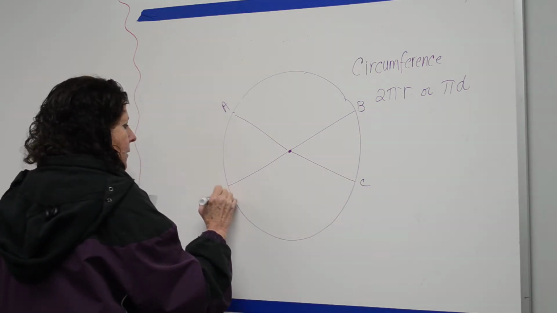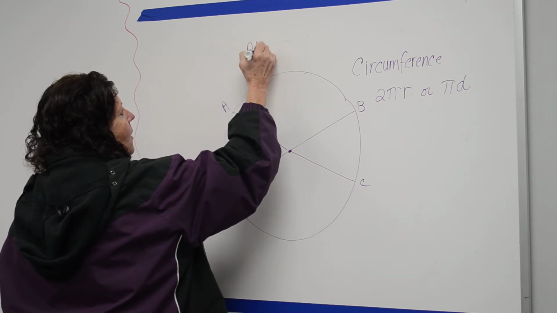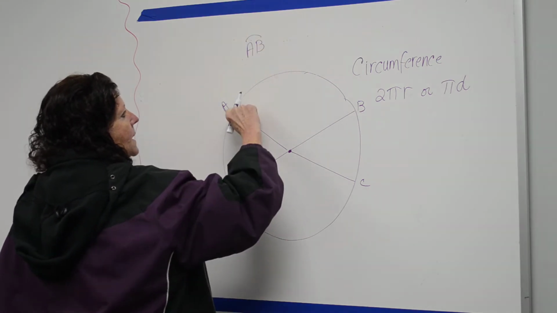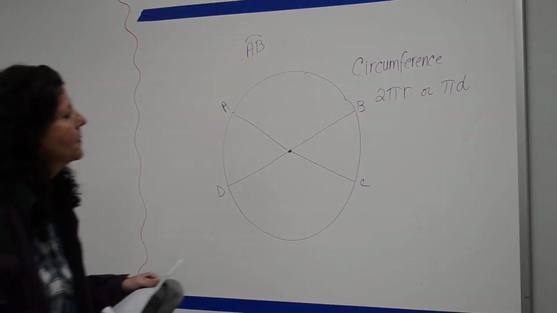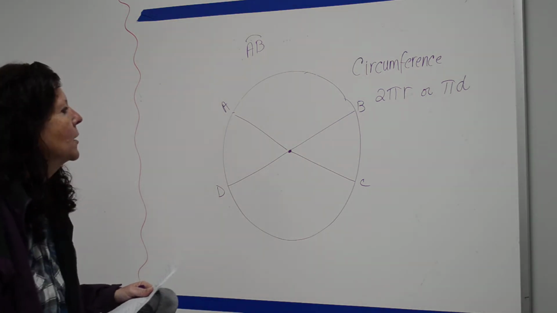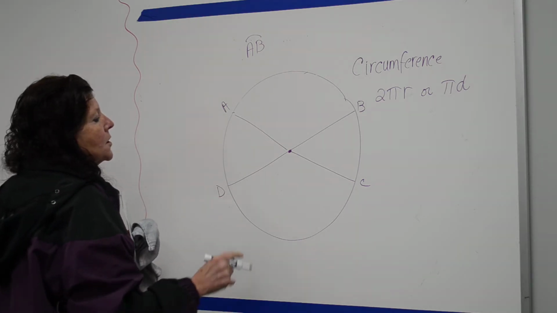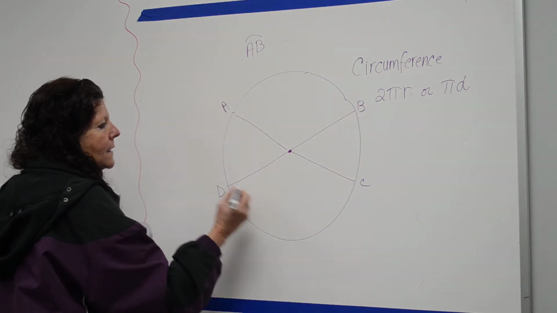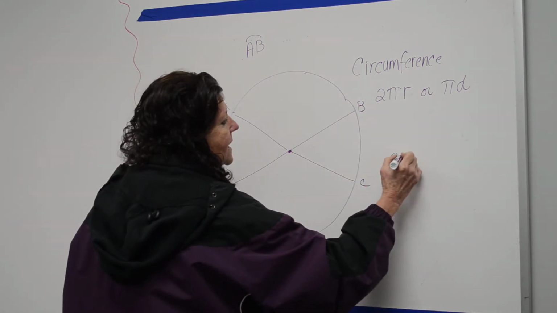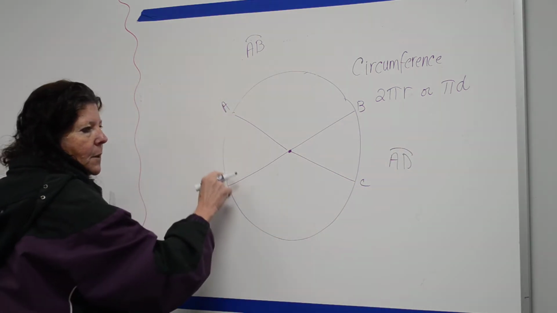If I have an arc of my circle, like arc AB, which means along here, that's considered a minor arc because it's less than 180 degrees. But let's say I wanted to denote this arc from A all the way around to D. If I just did AD, I would think that I'm doing this.